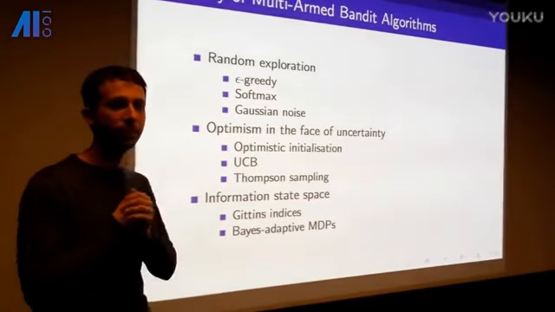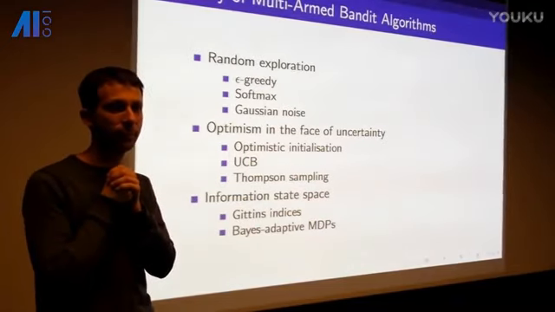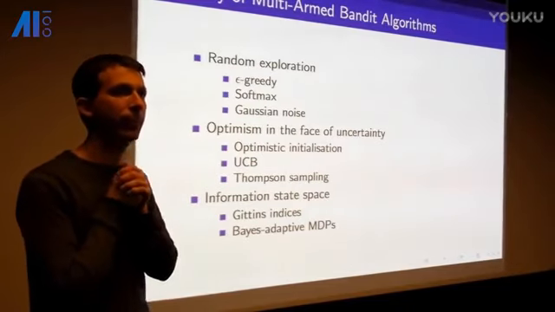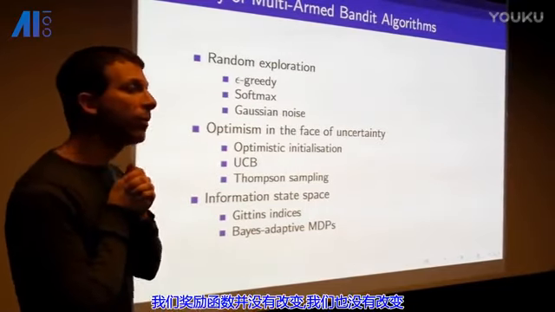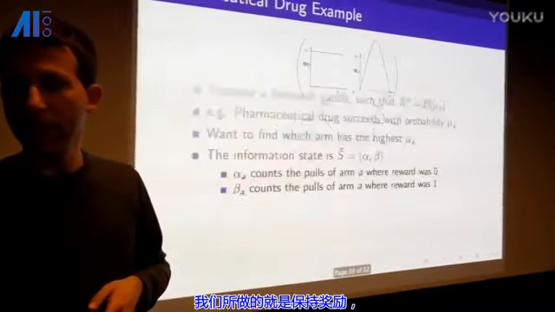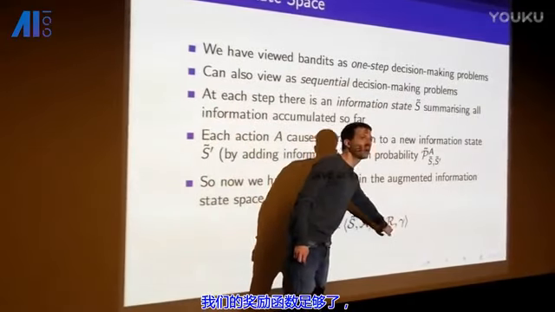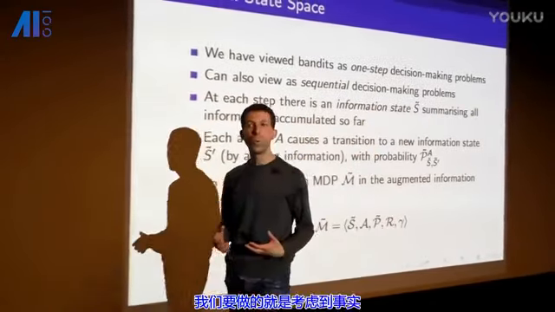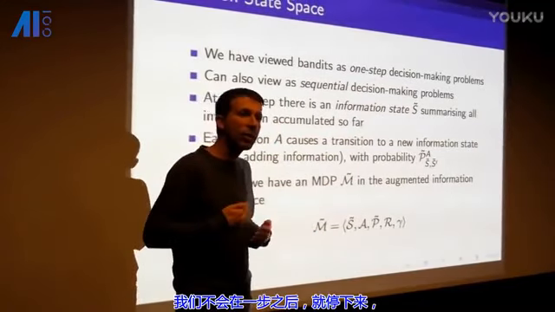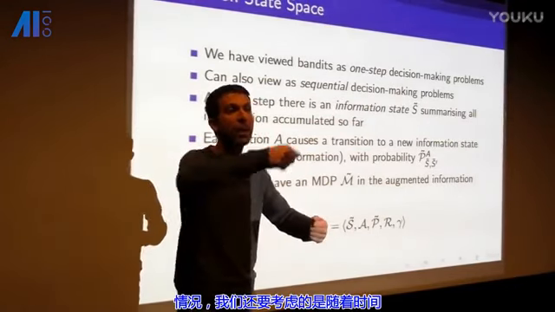One question: on the information state space, if your reward signal is unchanged, while you're adapting the reward signal to keep it from information, is it just updating the state definition? The reward function is unchanged. We're not changing the reward function in the information state space. The reward in our MDP is the same as the reward function in our bandit. All we're doing is adapting our value function to take account of the fact that we're not just stopping after one step. We're imagining what happens not just after this one pull, but after many pulls.